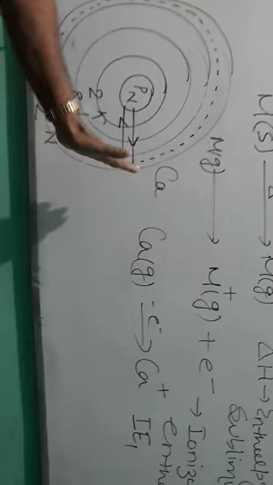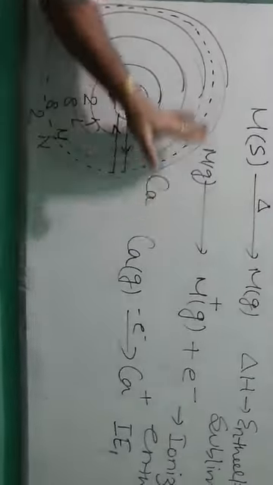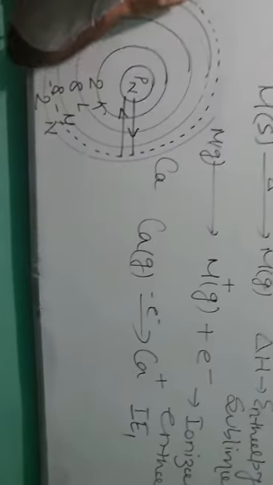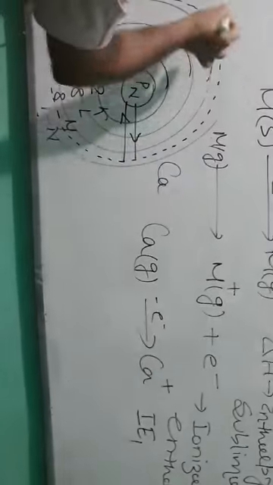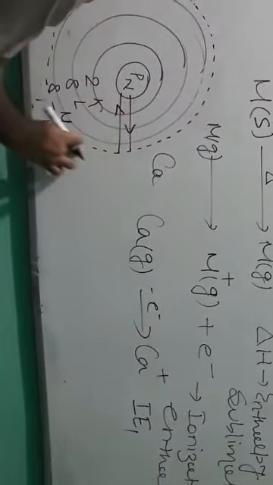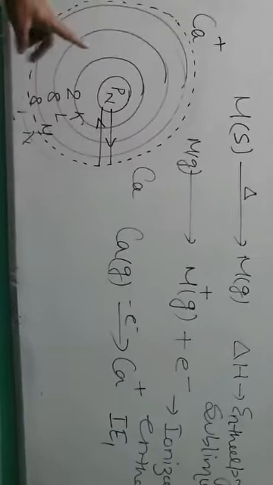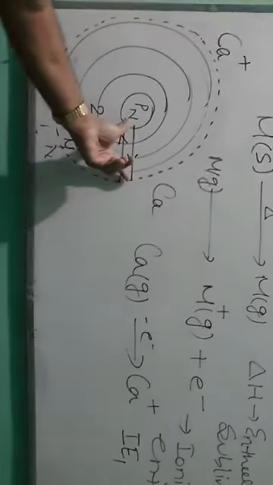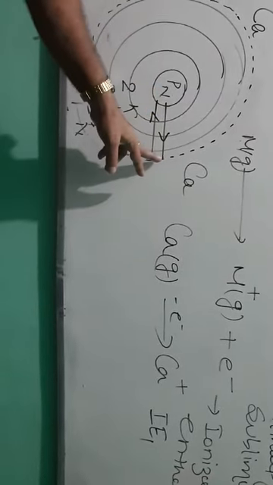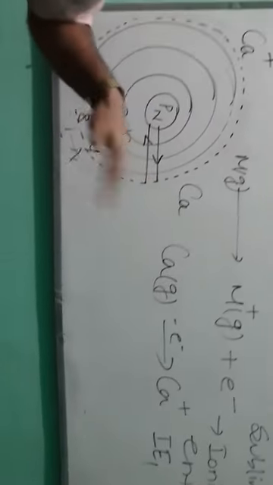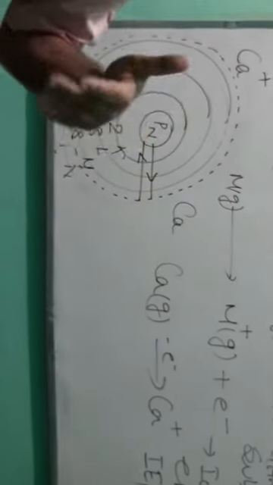This model represents the calcium ion having 1 unit of positive charge. Now there is a strong electrostatic force of attraction acting between the nucleus and the outermost shell. Earlier it was also acting, but now after losing one electron it becomes stronger.